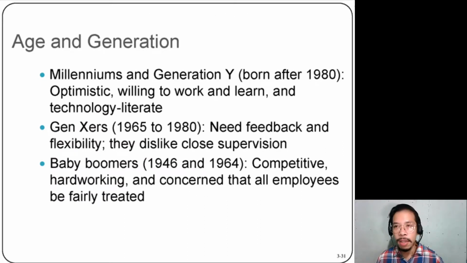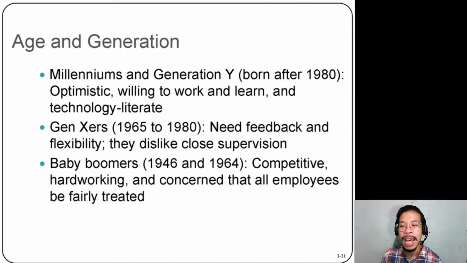Another thing that you need to consider in person analysis is the age and generation. We have a lot of diversity happening right now in the workplace. It's not that the workers right now are the elderly; we have a very diverse workforce.